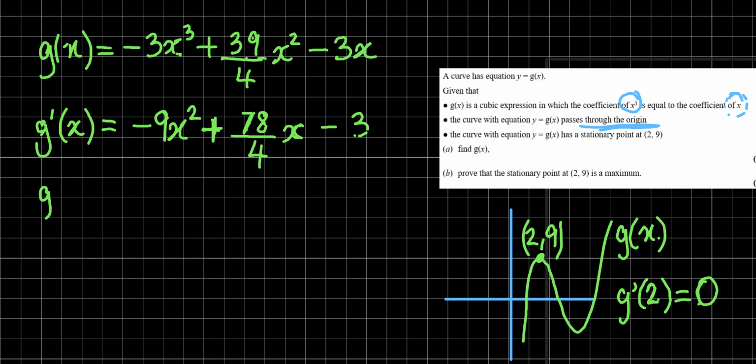The second derivative is going to be minus 18x plus 78 over 4, which is the same as 39 over 2, if we simplify it straight away.